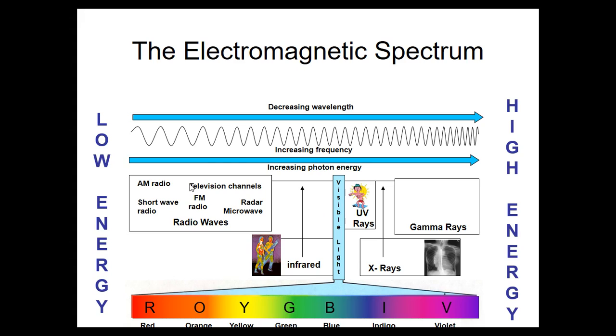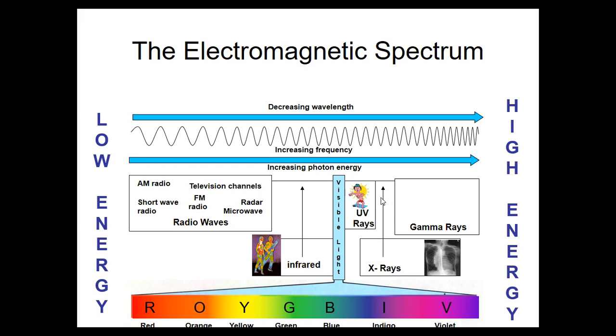At the low energy end, where the wavelengths are long, we have radio waves, microwaves, television channels, and infrared radiation, which is heat. When you use night vision goggles, the energy you're examining is infrared radiation.